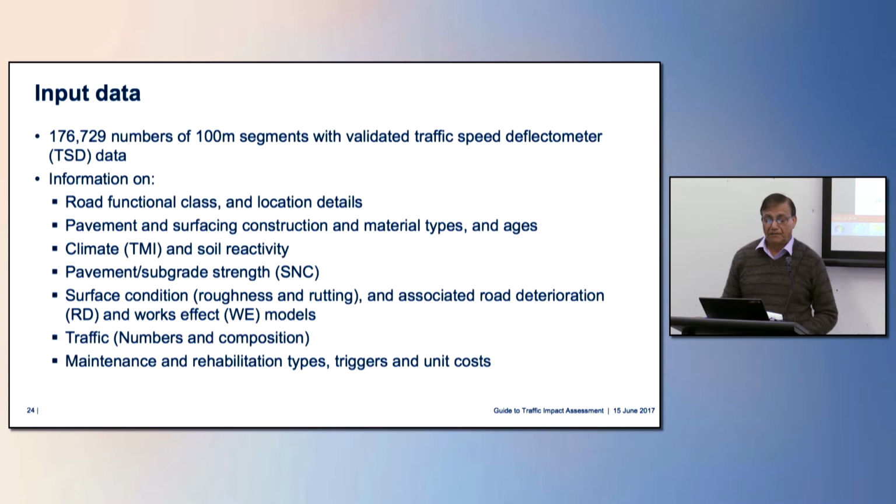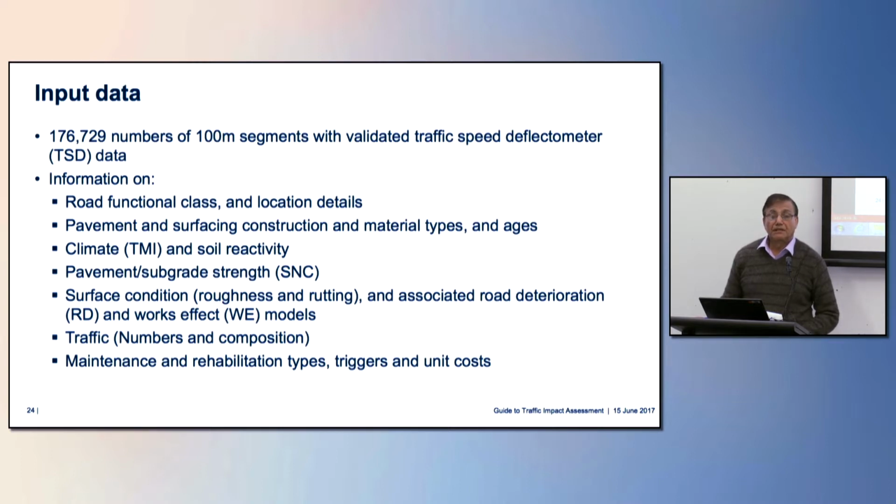on a cyclic basis. Now, the information we need to have is obviously the road functional class and the location detail in terms of the changes, and then the pavement and the surfacing construction, how it is constructed, whether granular or asphalt or cement stabilized material. And also we need information about the climate and the soil reactivity.